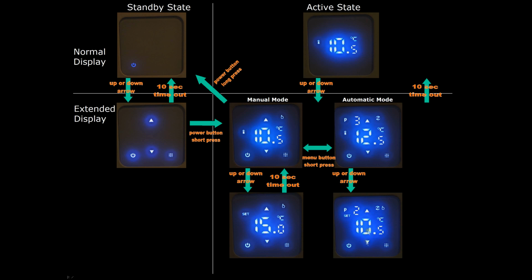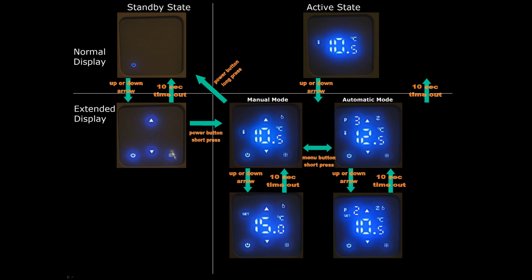And if we start pressing the up or down arrow buttons in this mode, then the automatic icon and the manual icon will come on simultaneously, and what this indicates is that you've gone into something called temporary manual mode, which means that just for this particular occasion, on this particular time period, we're overriding the programmed thermostat setting with a setting that you determine by pressing these up and down arrow buttons. Again, if you don't press anything while you're in that mode, within 10 seconds or so it's going to drop back into the mode where it's indicating the current room temperature on the main numeric display.